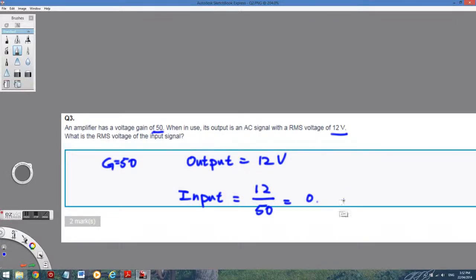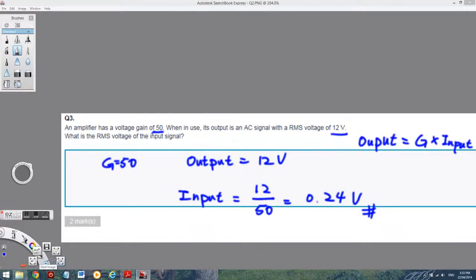No, sorry, 0.24 volt. Or you can just remember it like this: the output equals the gain times the input. So if I want to find the input, it must be the output divided by the gain.